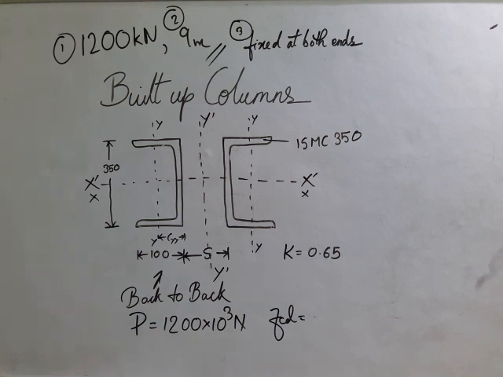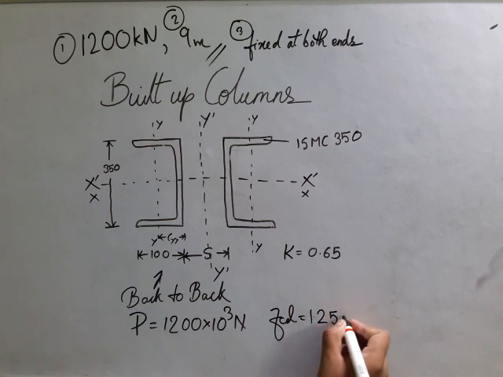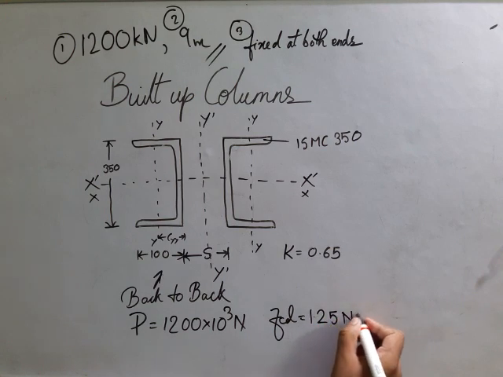Here I am choosing 125. So you might ask me why I am using 125 Newton per mm square. I will just say that it depends on experience. There is no specific rule.